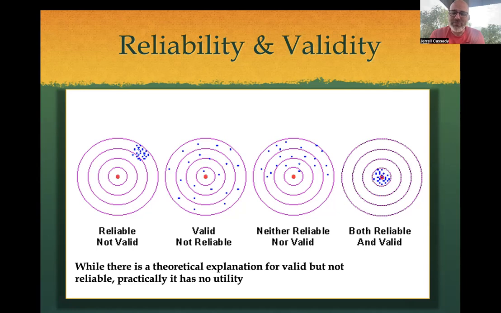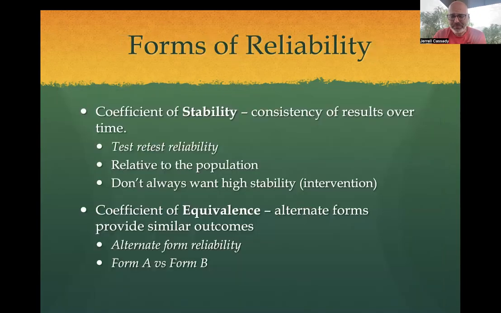Neither reliable nor valid is that other middle one, the third from the left. If it's not reliable, it's not valid, is the simple thing I'd like you to get down to. Because if I can't trust that I'm going to get consistent measurement, then whatever I'm measuring can't be right.